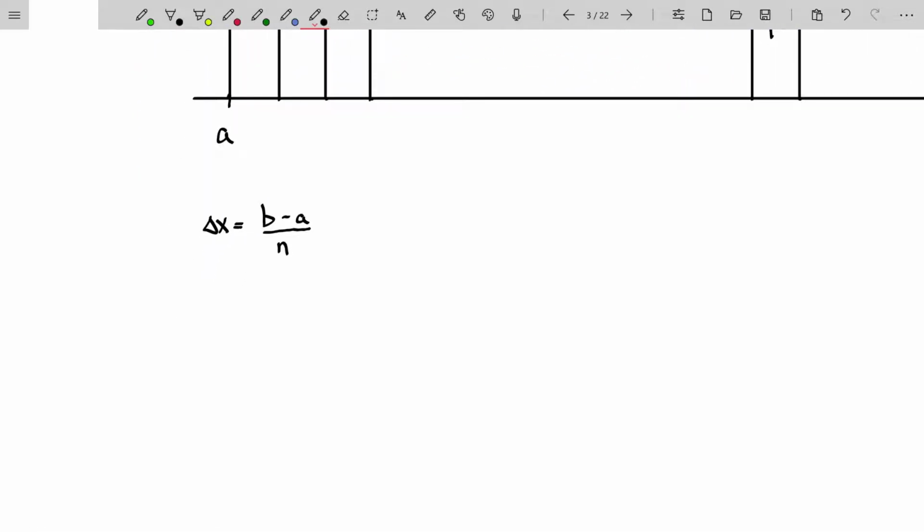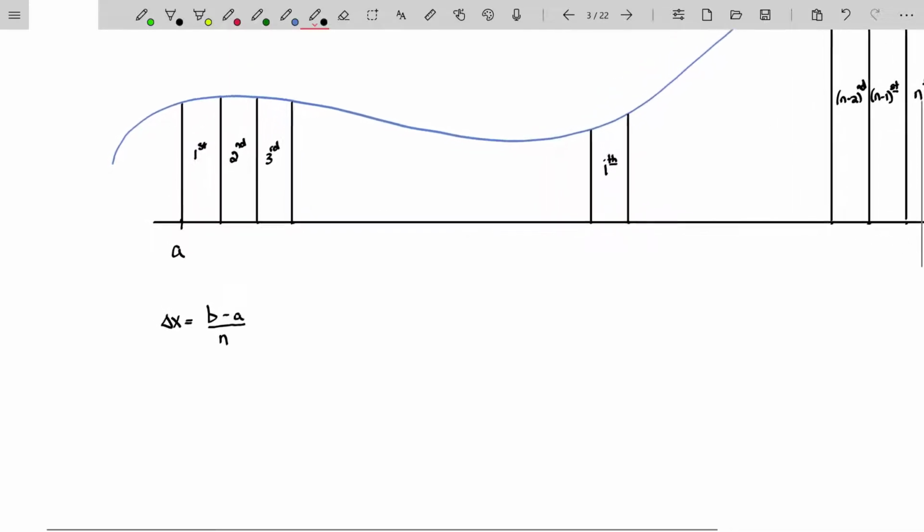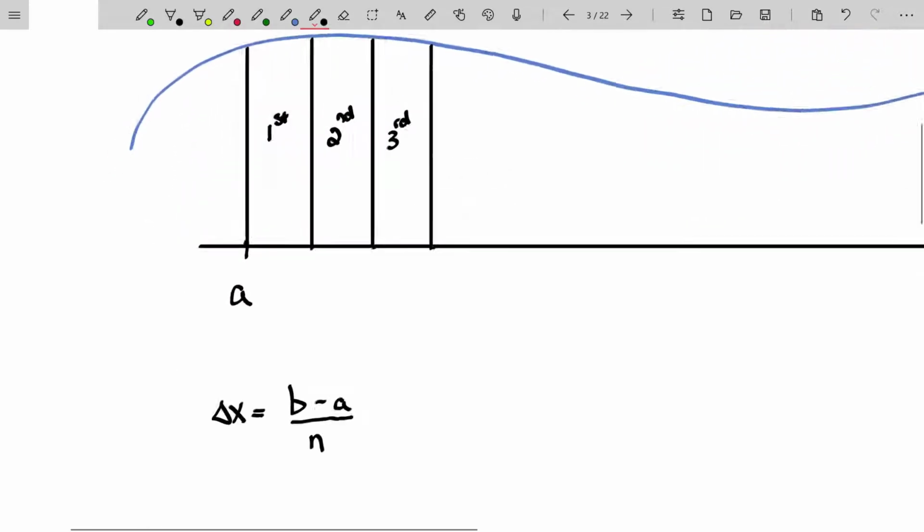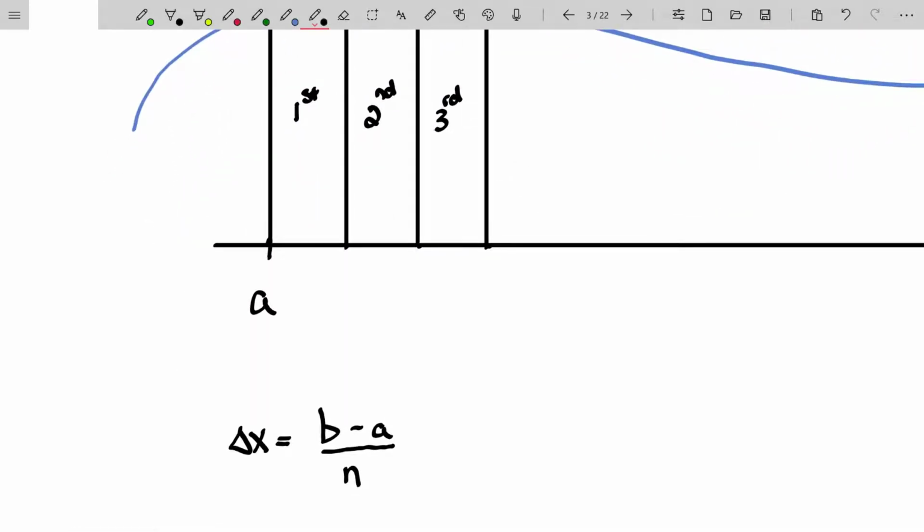So we're just cutting up this interval into n sub-intervals. And again, each of these has a width of delta x. Every single one of them has that very same width. Up to this point, that's what we've been doing.